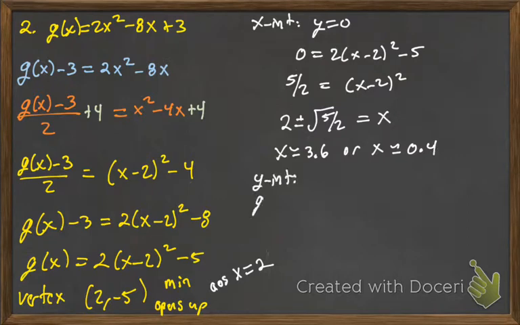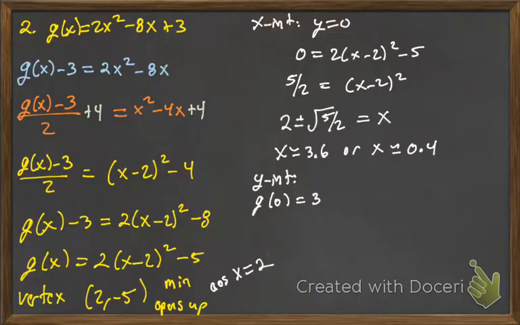For your y-intercepts, we'll go ahead and plug 0 in. You can either use the vertex form or the original form. You're going to get the same answer. You can go ahead and do the original because it's easy. So that's going to be just 3 because the 2x squared and the minus 8x, those are going to be 0. So that's your y-intercept. So we're going to grab all that stuff and we're going to move on to the graph. So we'll write down our equation.